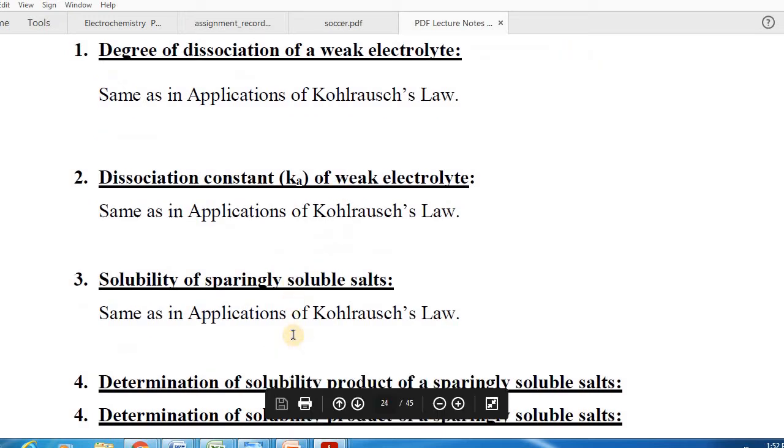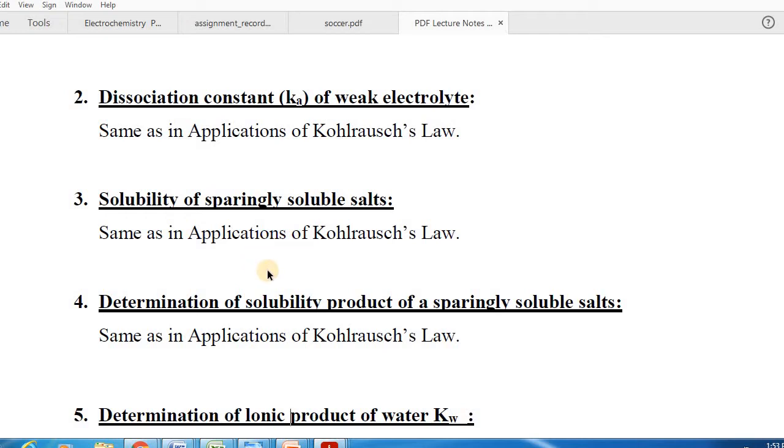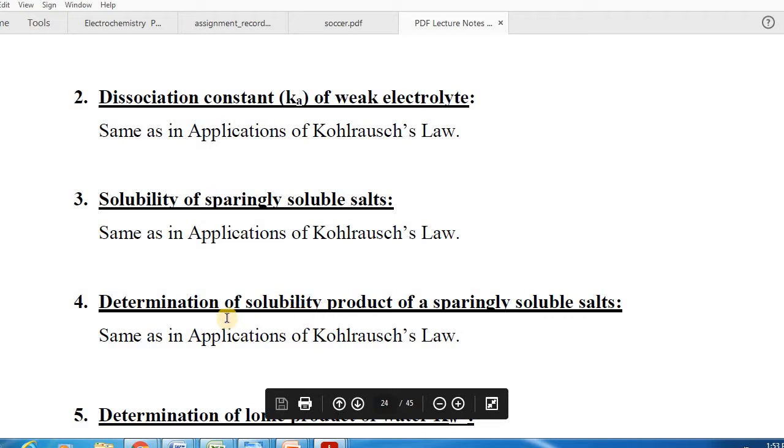Next one is the solubility of sparingly soluble salt. This is also same as in the application of Kohlrausch law. Solubility can be easily determined by measuring the equivalent conductance at any concentration C and equivalent conductance at infinite dilution by using the Kohlrausch law. Similarly, the determination of solubility product requires the terms involving solubility.